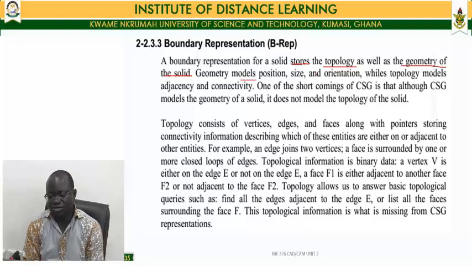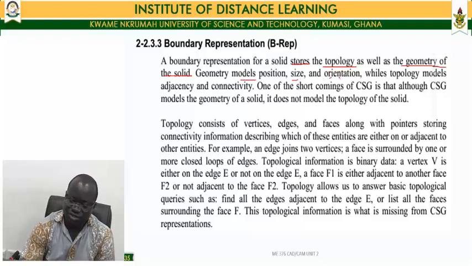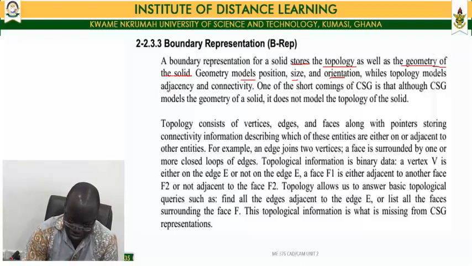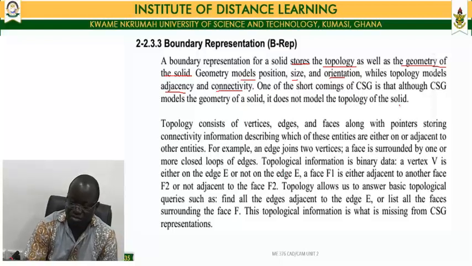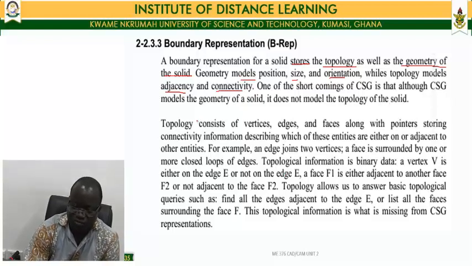Now, one of the shortcomings of constructive solid geometry is that though you have constructive solid geometry models, the model does not display the topology of the surface, the orientation of the surface.